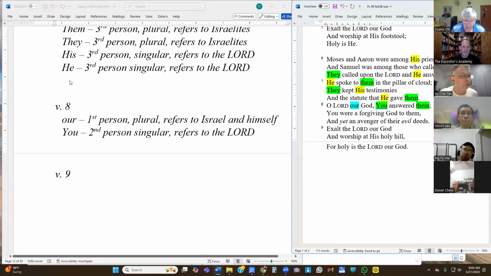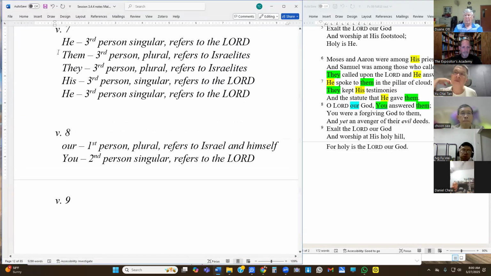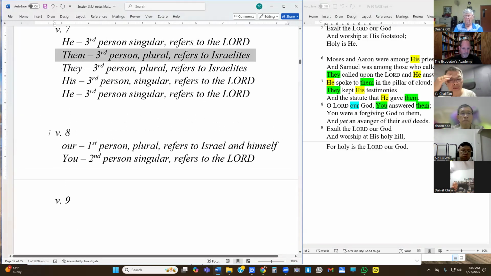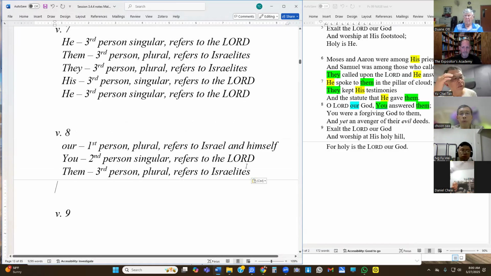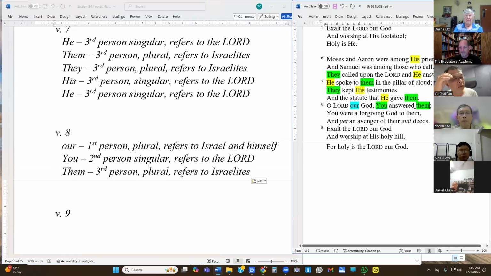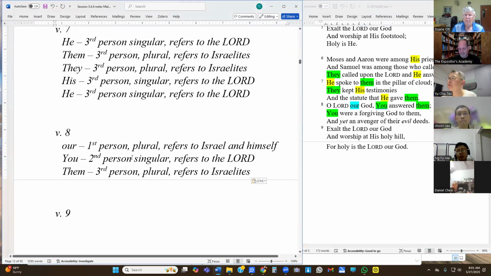Them is third person plural, and it refers to the Israelites. And then on the second line, "you" again, second person singular, and refers to God. "You were a forgiving God to them."